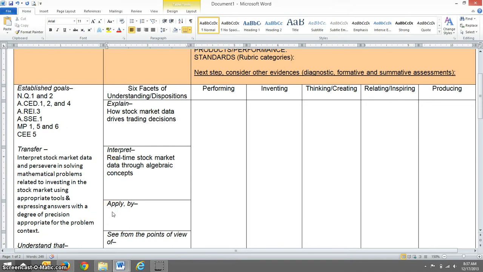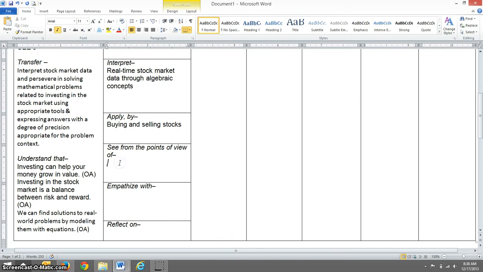Application. I want them to actually buy or buying and selling stocks in a virtual environment. I want them to see the point of view of stockbrokers, that's going to be their role, and also the audience, which is the investors.